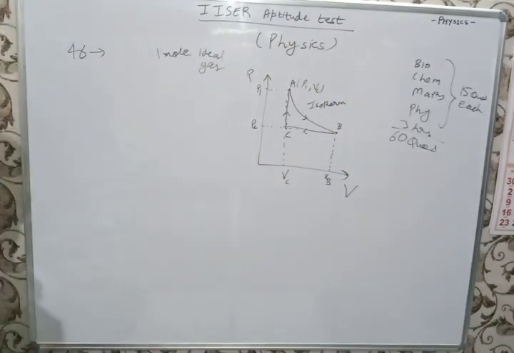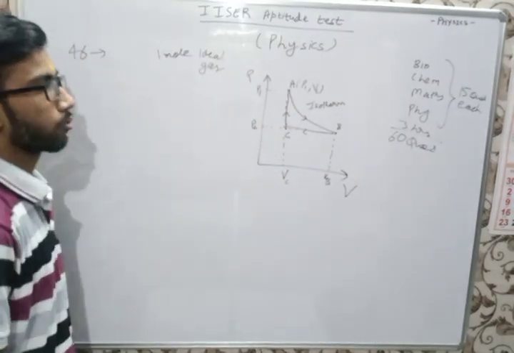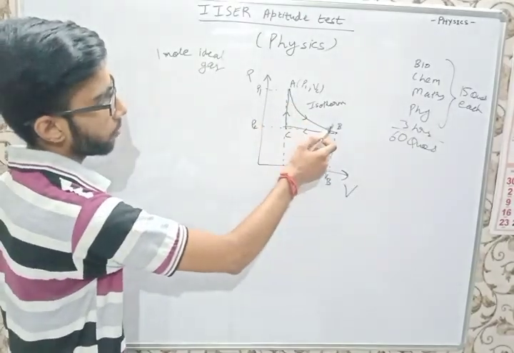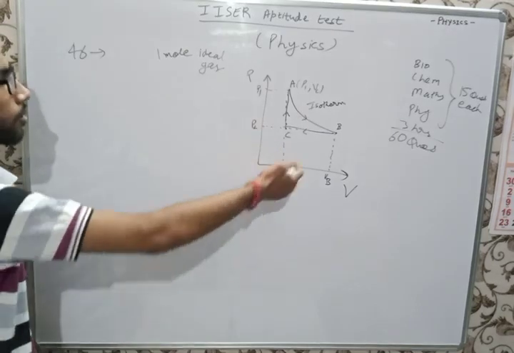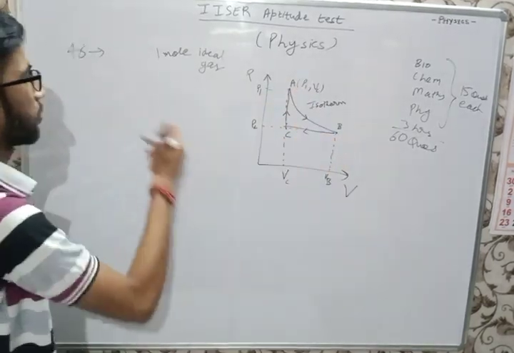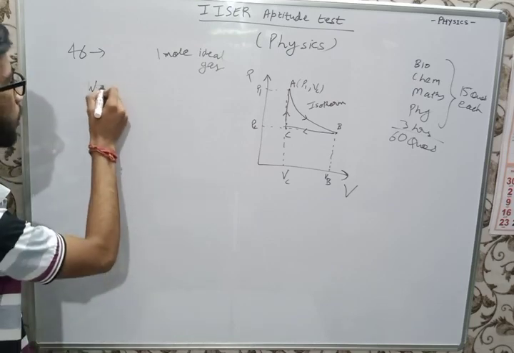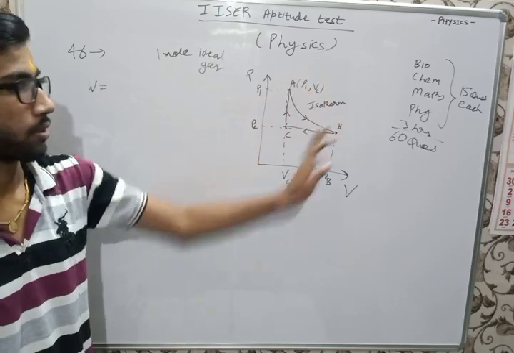You have to find the work done in this process. So I have to find the work done for the process A to B, B to C, and C to A. So see, A to B is isotherm. So total work done W is simply the sum of the work over all the paths.